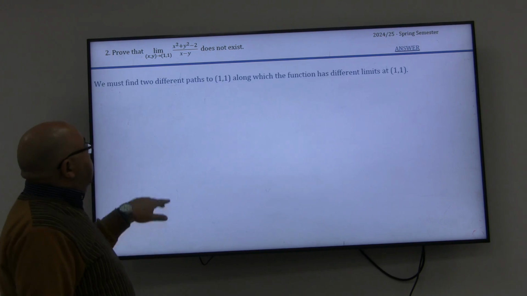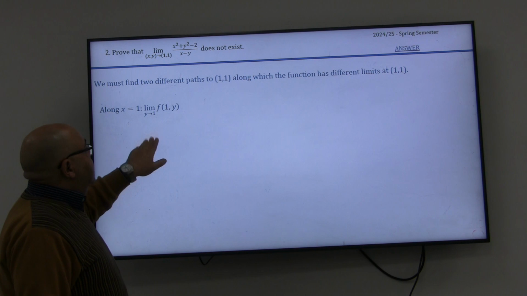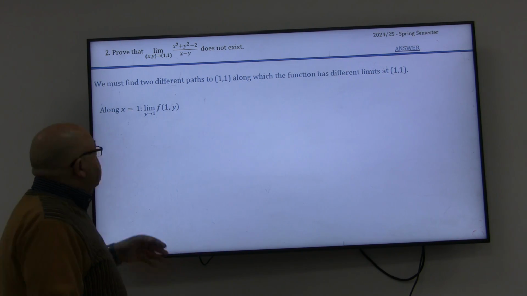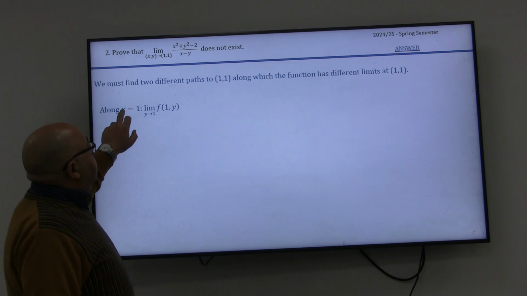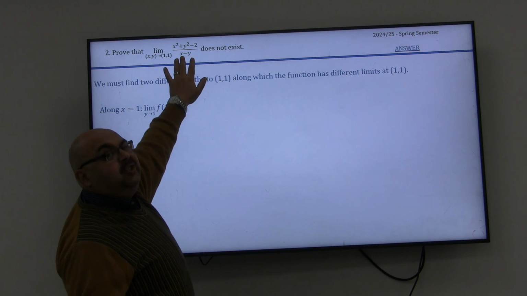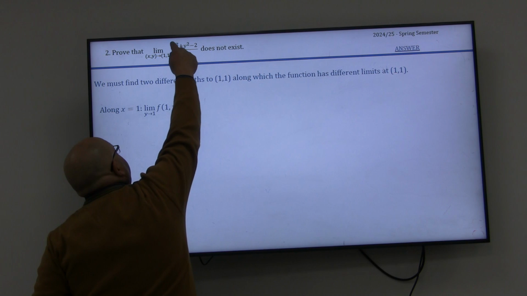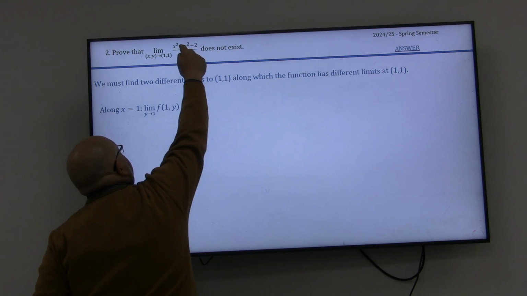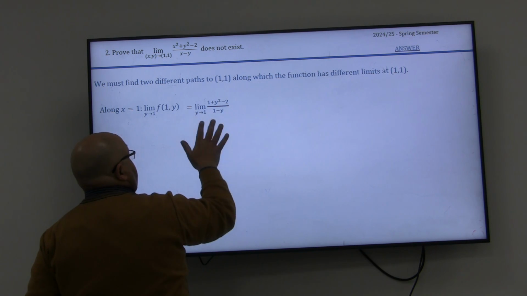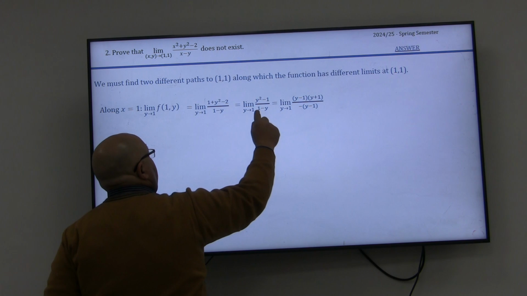So the first step in order to prove this is to find that the limits are not equal to each other through at least 2 paths. I will start with x tends to 1, substituting in this limit and then evaluating the rest, which means I will have 1 plus y squared minus 2 divided by x minus 1. This substitution will give you a difference between 2 squares over 1 minus 1.